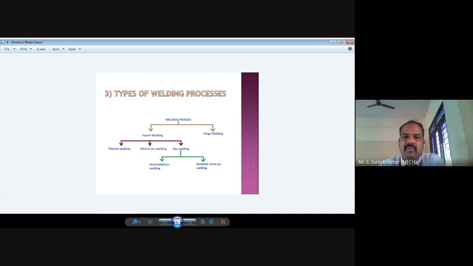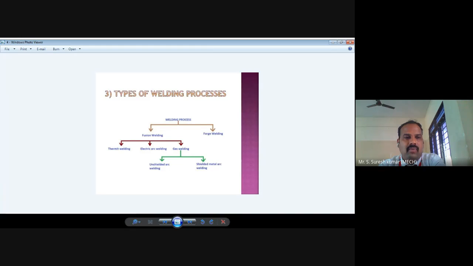The advantages of welded joints: they are lighter in weight and have higher joining efficiency. Welded joints are leak proof and economical from the point of view of material and labor. The design of welded assemblies can be easily and economically modified to meet changing product requirements. The production time is less for welded assemblies.